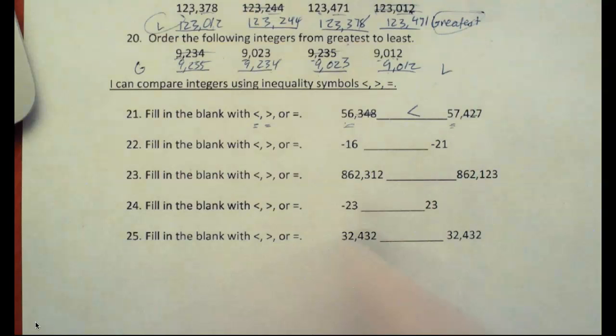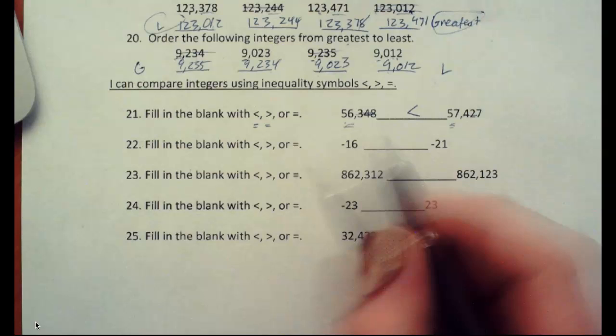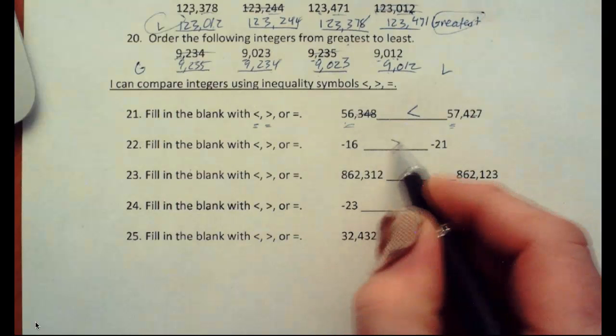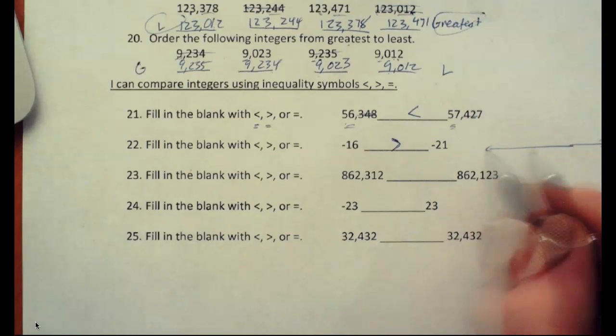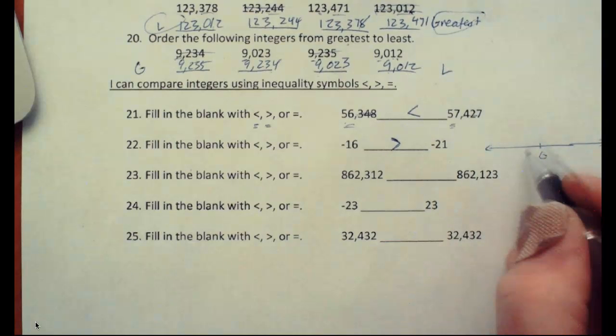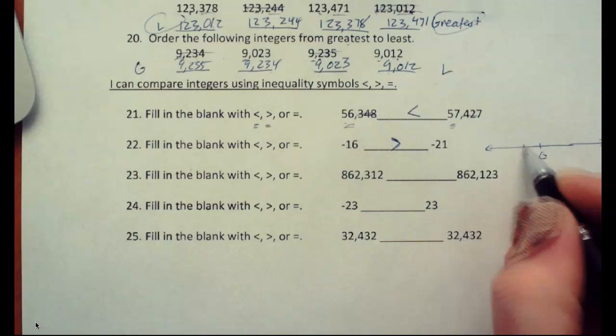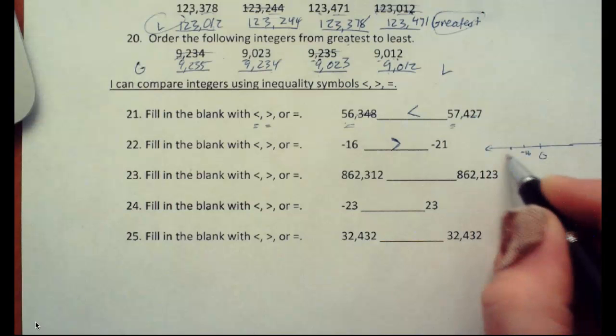We have a couple of negatives in here, even though we're not going to be testing you on this. I think it's important that we look at it. We talked about them in class. This one here is greater because if you were to think of a number line, here's 0. This is negative 16, and negative 21 is going to be here.